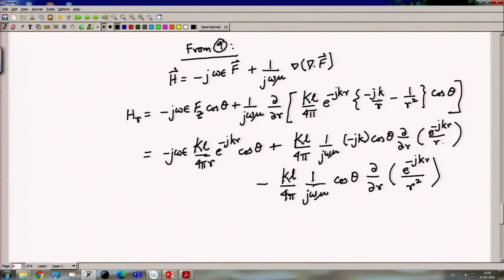So, we now need to calculate these two terms.